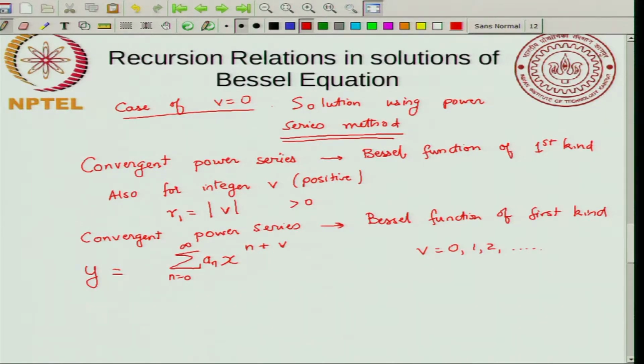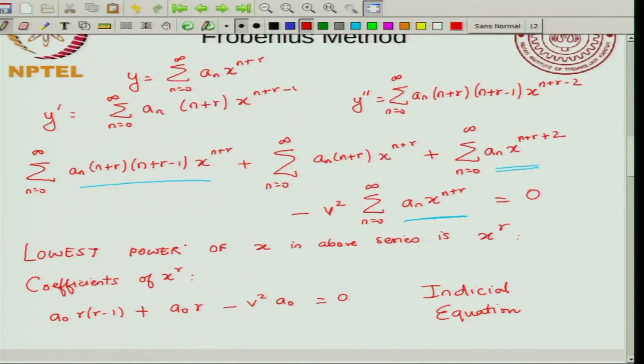Now, let us take this as the power series solution, and let us go back to the power series that we had and see what the recursion relations look like. What does a recursion relation look like for such a power series? Let us go back to what we had here. Before we had the indicial equation, we had this condition.